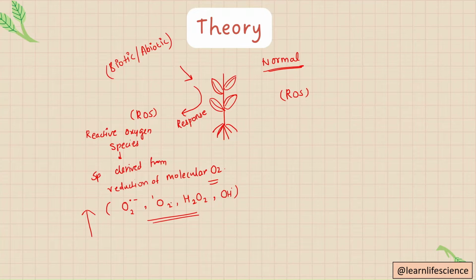Now, if the plant is generating this kind of response, these reactive oxygen species are involved in oxidative damage, means they are generally damaging the plant cells, leading to their death. On the other hand, they are also involved in cellular signaling.